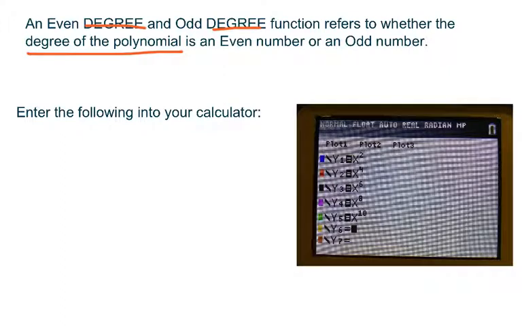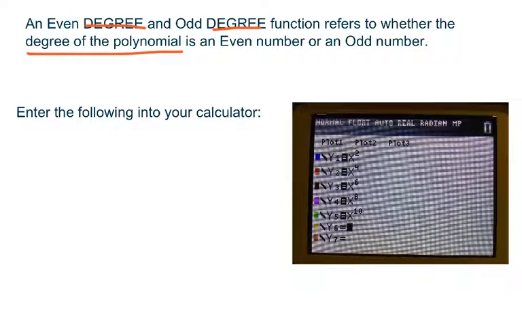So go ahead and grab your calculator. I want you to enter these equations into y equals. Go ahead and hit pause while you do that. When you're finished, hit play again.